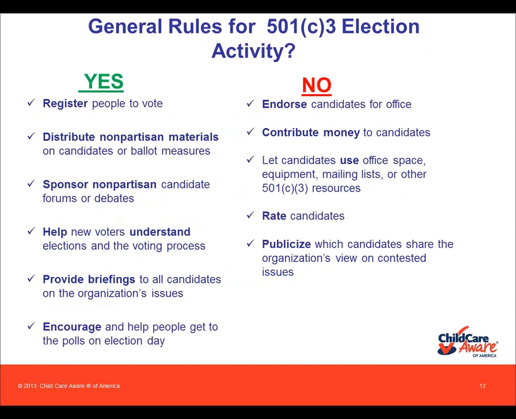Rating candidates, for example, candidate X was rated A on our report card compared to candidate Y was a C on children's issues, you can't do that publicly as a 501c3. And you can't publicize which candidates shared the organization's views on a contested issue, saying this candidate supports our measures, and so we are going to endorse them.